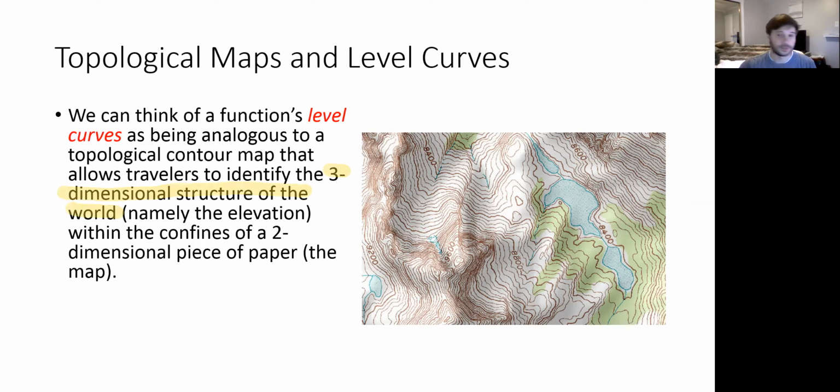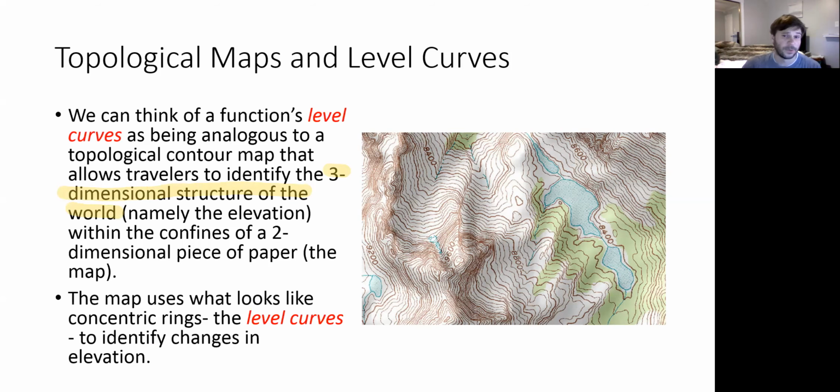This is a two-dimensional projection of a more complicated three-dimensional world captured in this contour map. And the map uses what looks like concentric rings to identify different levels of elevation, or rather to help you identify when you're changing different levels of elevation.